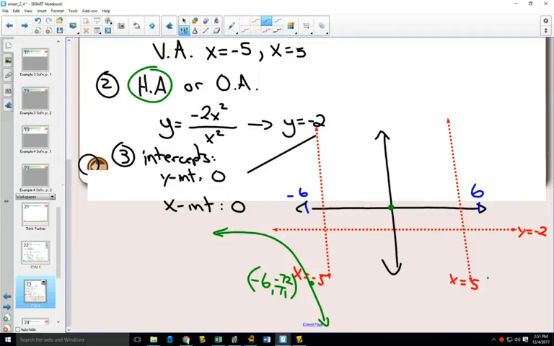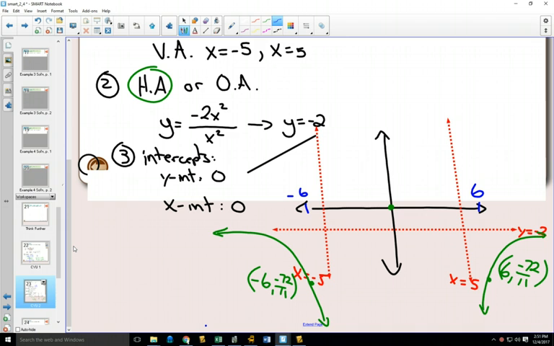So I'll label that point on here as well, 6 comma negative 72 over 11. And because we have those asymptotes there, we can draw our graph towards the asymptotes. Remember that a horizontal asymptote does not necessarily mean that a graph can't go through it. We've got a point there.